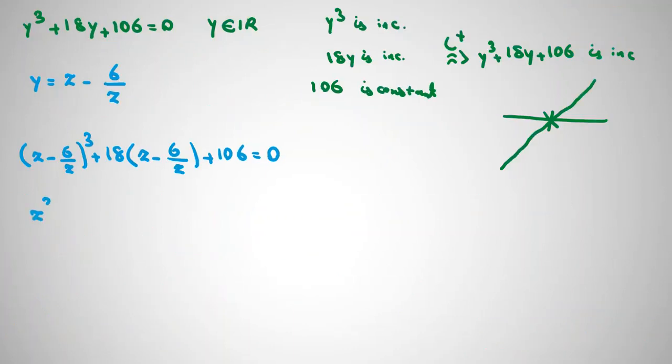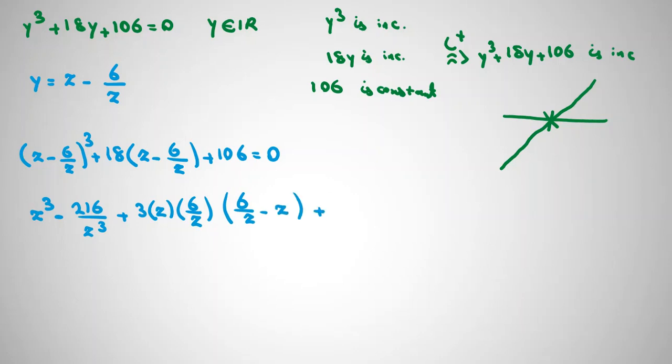So I say z cubed minus 6 over z cubed, which will be 216 over z cubed, plus 3 times z times 6 over z times 6 over z minus z, plus 18 times z minus 6 over z, plus 106 equals 0. This z will be cancelled.